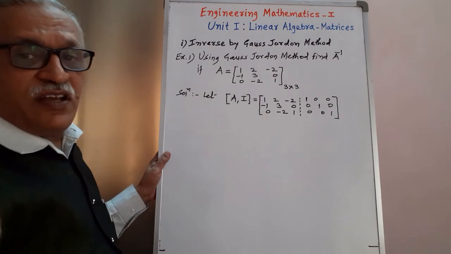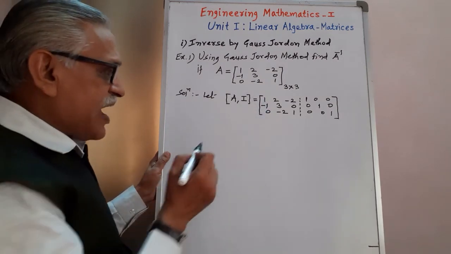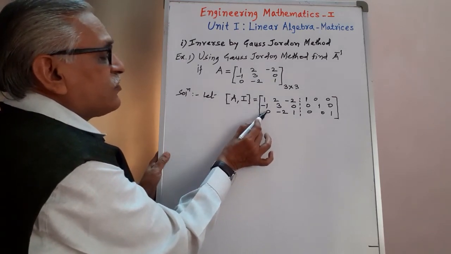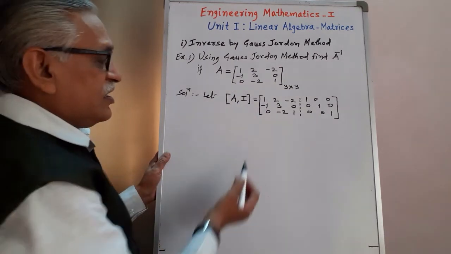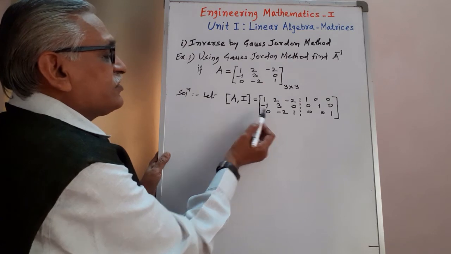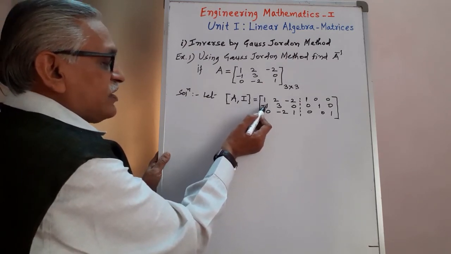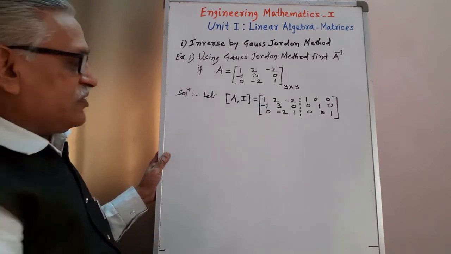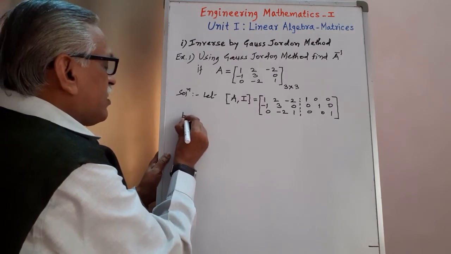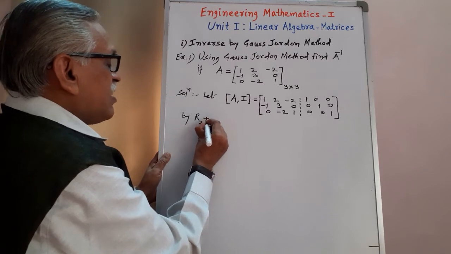Leftmost element I want as 1. Here it is already 1. Therefore, keeping that term as it is, and then using this 1, we try to convert these 2 elements to 0. Already 1 is 0. Therefore, I am not changing this. Minus 1 we have to convert to 0 with the help of this 1 or the row containing that diagonal element. Therefore, minus 1 plus 1 we get 0, means the transformation we have to apply is R2 plus R1.